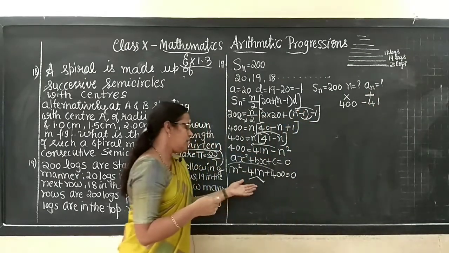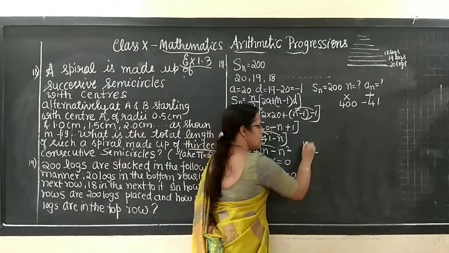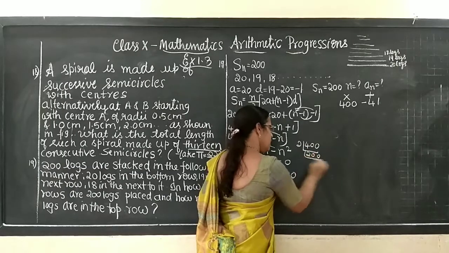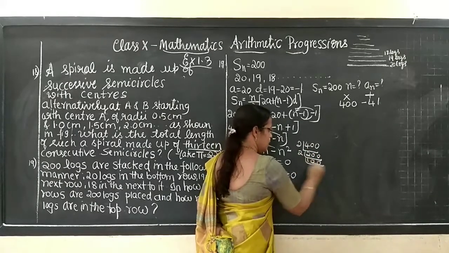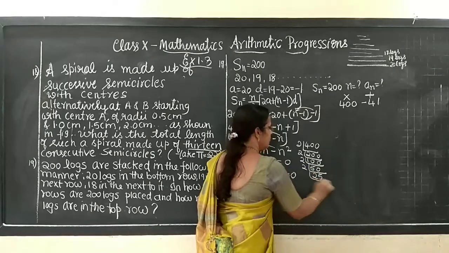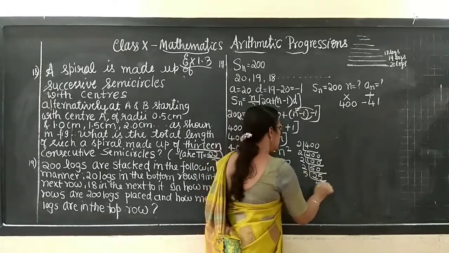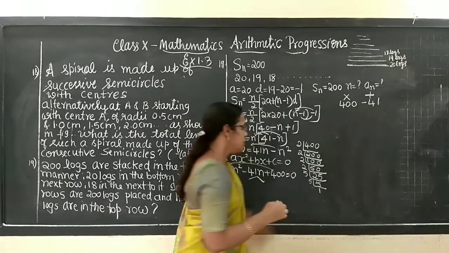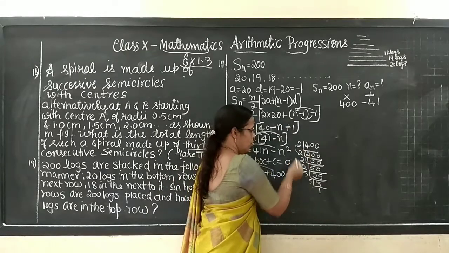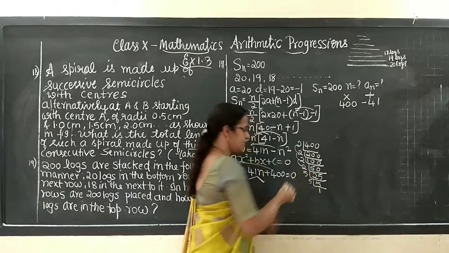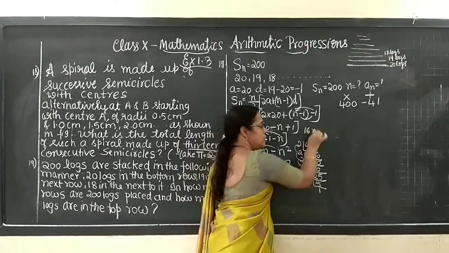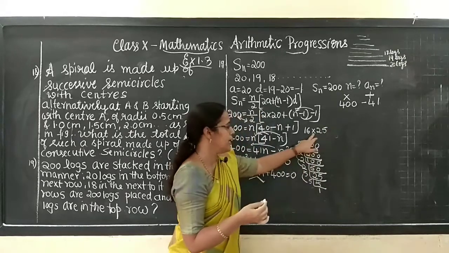Okay, so then which table is there? 400 comes from 2 twos are 4, 2 hundreds, 2 fifties, 2 twenty-fives, 5 fives, 5 ones. Just multiply and see which one comes there. 2 twos are 4, 4 twos are 8, 8 twos are 16. Okay, 5 fives are 25. 16 into 25. Let us see. 16 into 25 is 400.